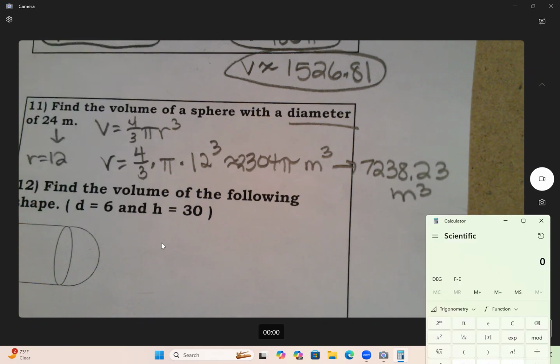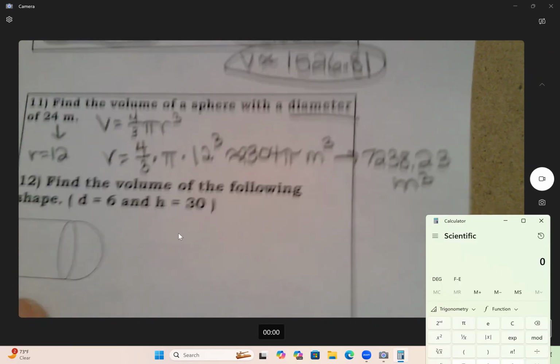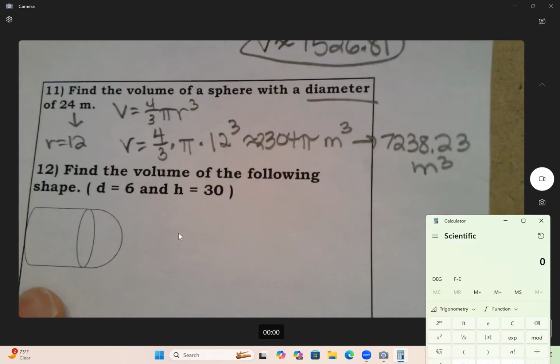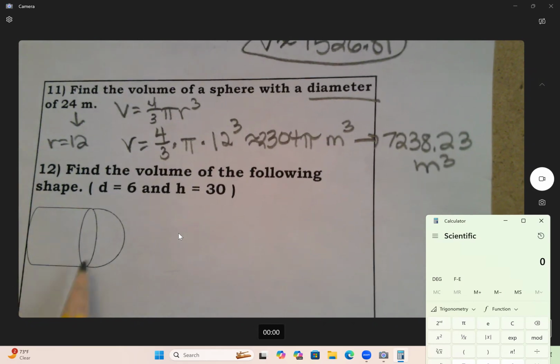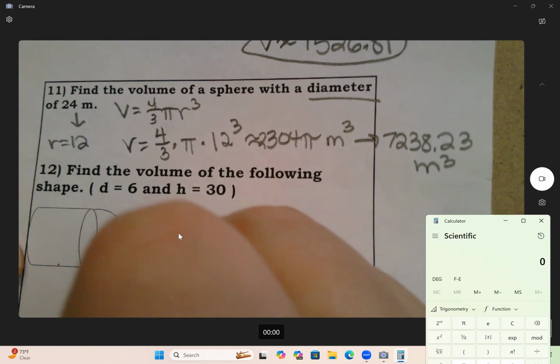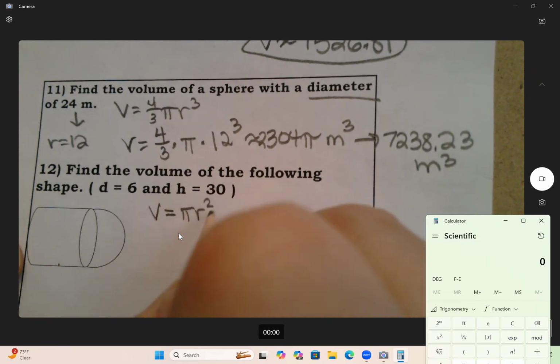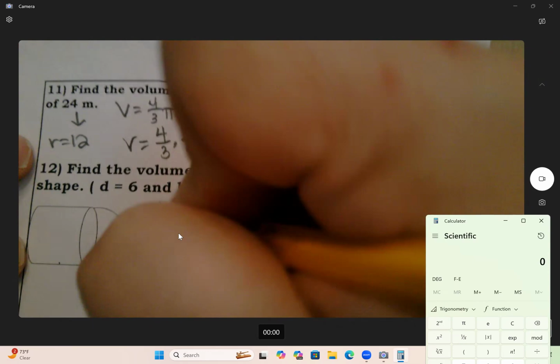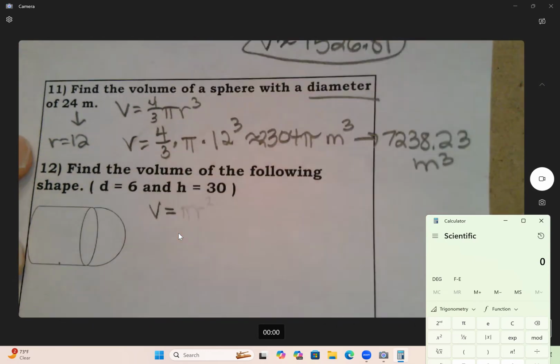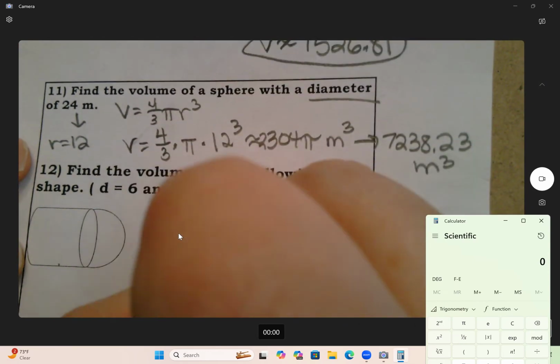All right, let's take a look at now the next one, number 12. It says find the volume. Okay, so this time we have a composite figure. We have a cylinder and a hemisphere that shares a common circular base. So we have to do the volume of the cylinder, which is area of the base times the height.